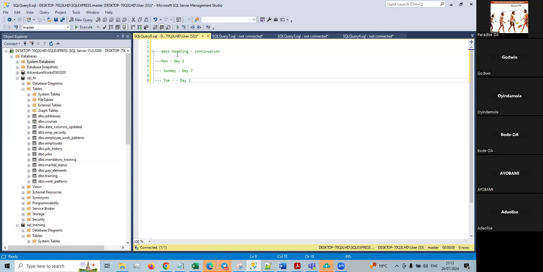So let's see how we can work around this. Let's see how we can make the first day. We don't need a database for this. This is general, so we don't need a database for it. What you would do here when you want to choose a day as your first day of the week is to set the day as a day first.